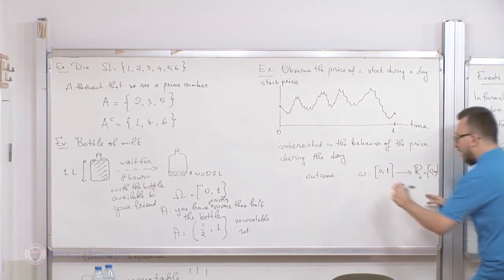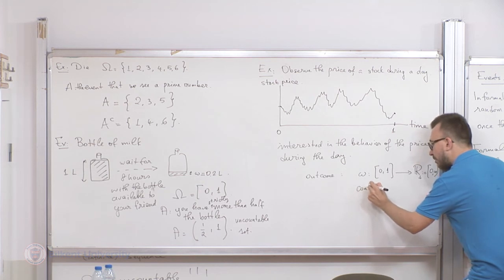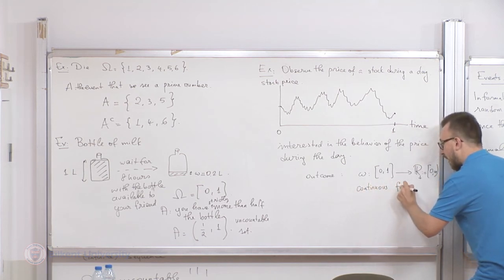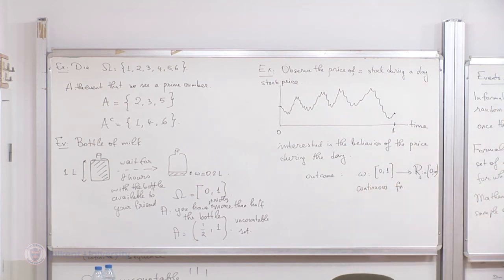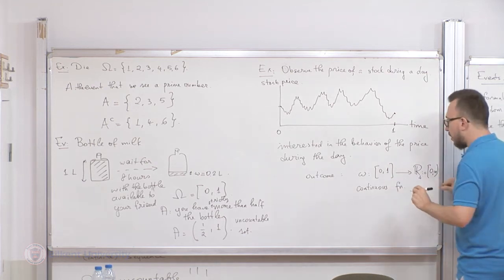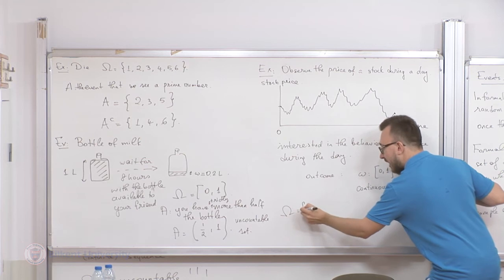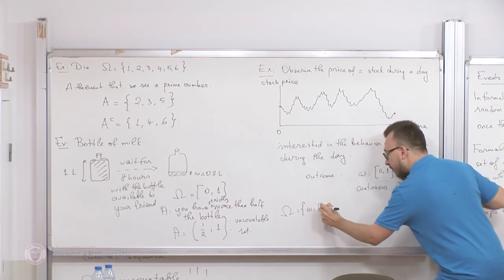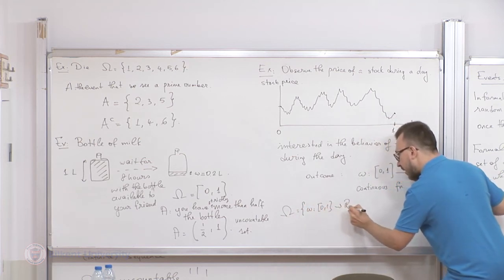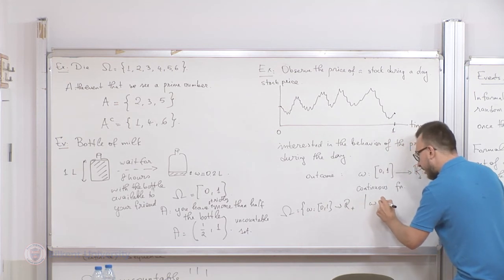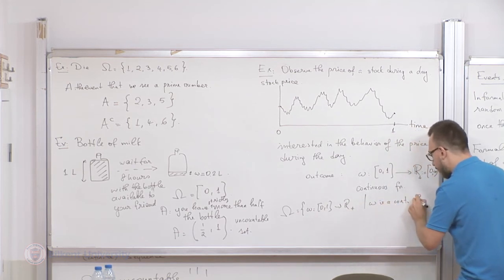So it's a function, but we should also assume it's a continuous function. Although there are models including jumps, let's just say there are fluctuations, but the path is still continuous. The path is rough, but it is continuous. So now our omega is just the set of all continuous functions from 0, 1 to R plus.